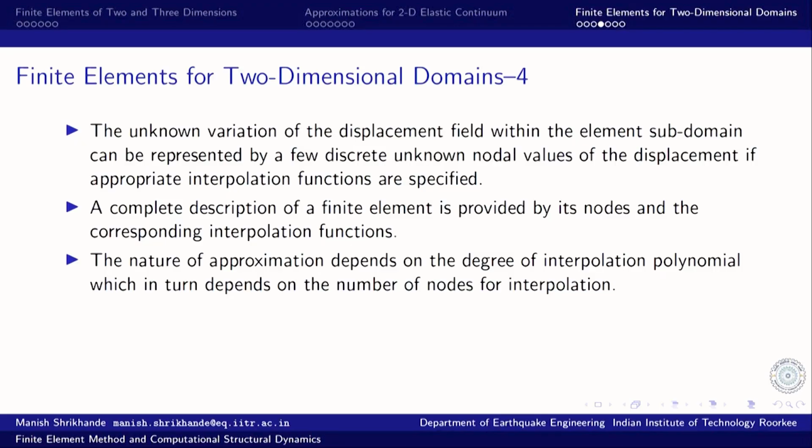The nature of approximation depends on the degree of interpolation polynomial, which in turn depends on the number of nodes for interpolation. Because the number of nodes that I choose defines the number of constraints that I have, and those constraints define the number of independent coefficients that I can evaluate by satisfying those constraints.